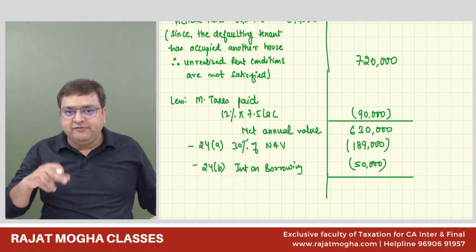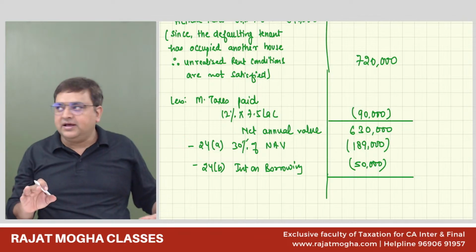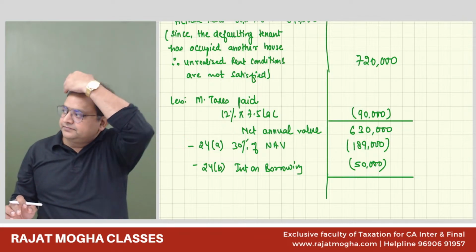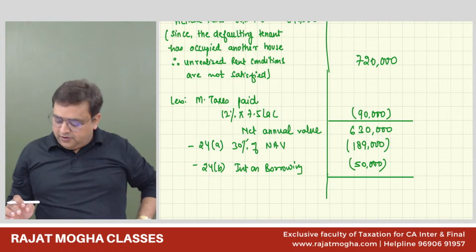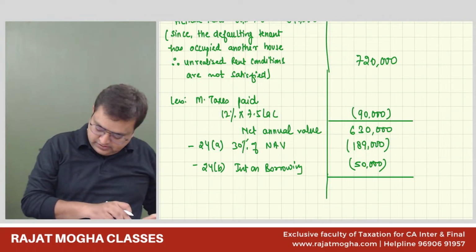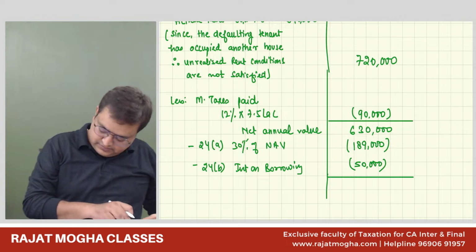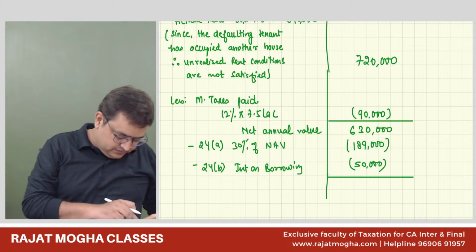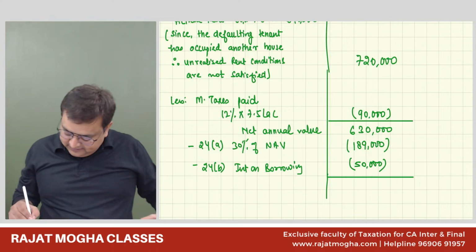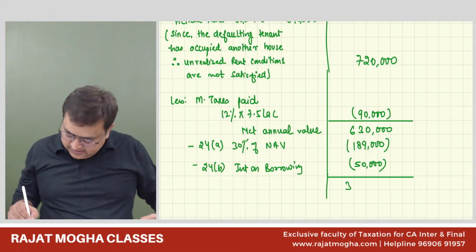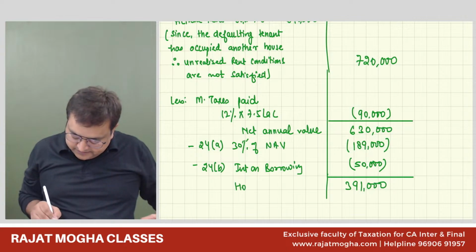For self-occupied, where you take NAV nil, there is a restriction. Otherwise, there is no such restriction. So this is 3,91,000. This is your house property income.